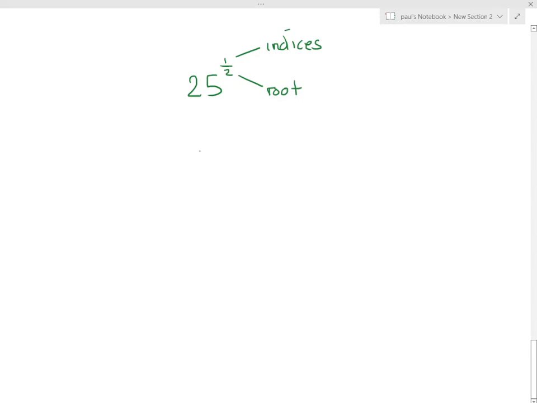So we write the 25 and we put a root sign over it. It's a square root, so we don't need to write the 2. And the 1 would mean that it is all to the power of 1. Anything to the power of 1 is itself, so we may as well just do the square root of 25, which equals 5.